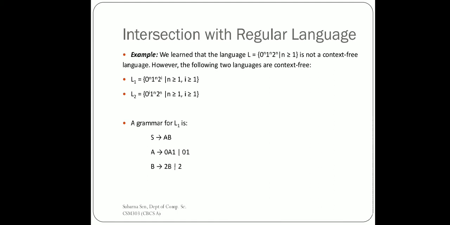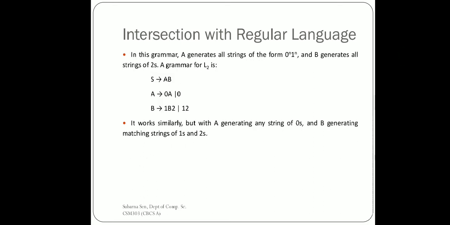If you convert L1 to a grammar, it will be like this. I am not going into details. We have already done several exercises for converting a grammar to a language and a language to a grammar, so you can easily understand how we have done it. And if we convert L2, it will be like this.